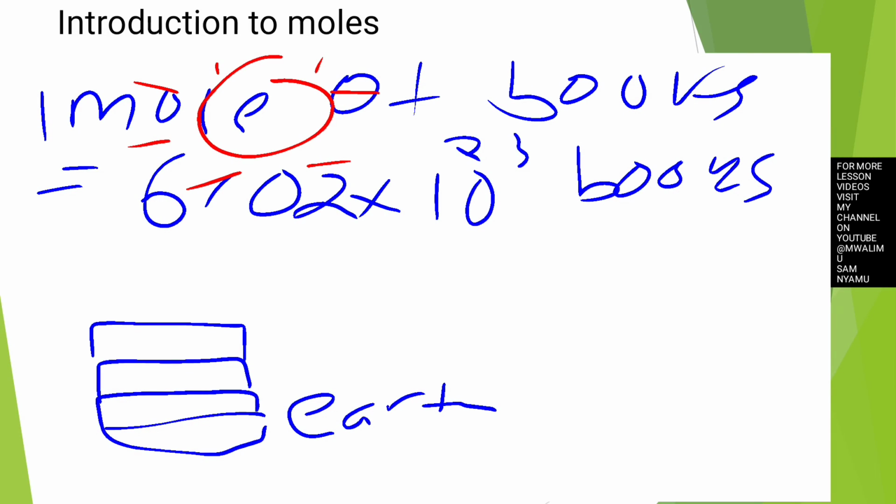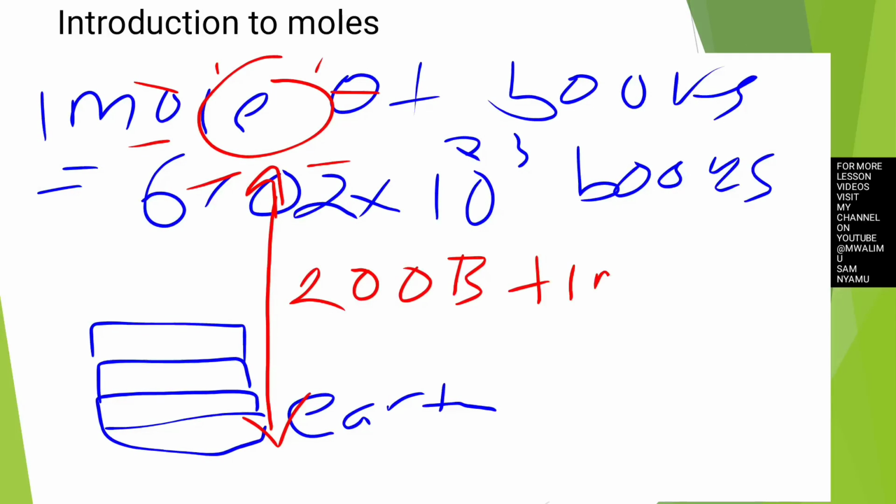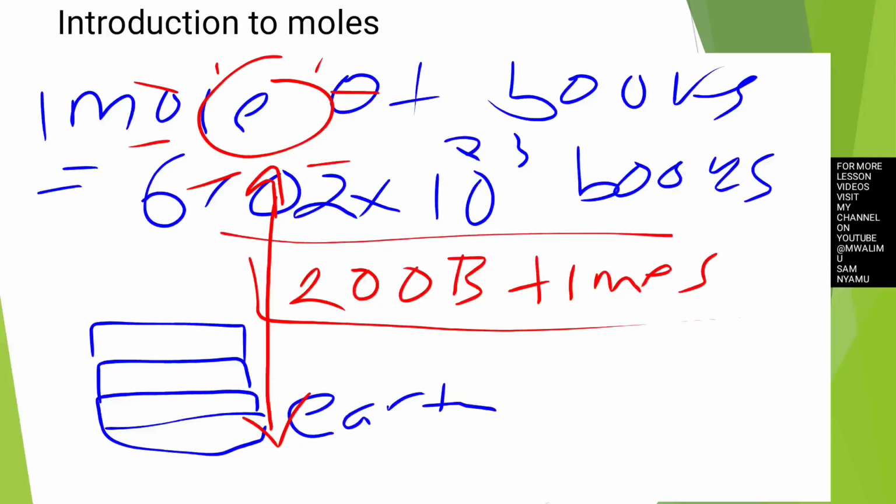How many times? The first time up to 200 billion times, or even more. That tells you that 1 mole is not a very small number. It's a very big number.